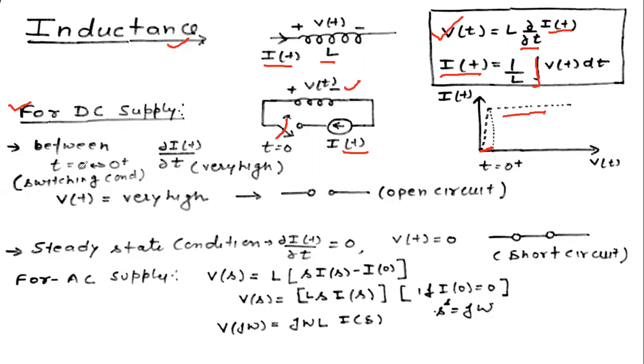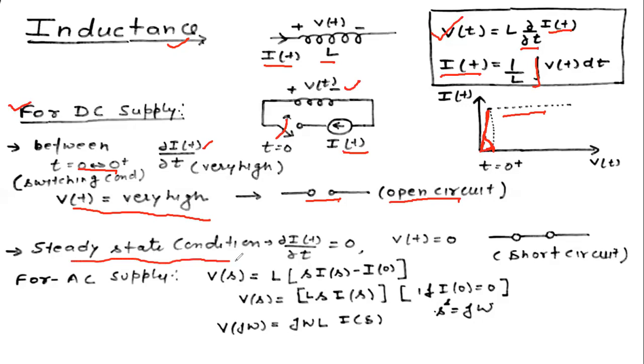Between 0 and 0 plus, di/dt, the change in current, is very high, and the slope is approximately 90 degrees. So di/dt is very high, and voltage v(t) equal to L di/dt. Therefore the voltage is very high, and high voltage signifies an open circuit. So in the initial condition for DC supply, the inductor works as an open circuit.